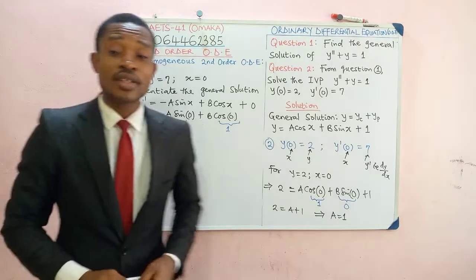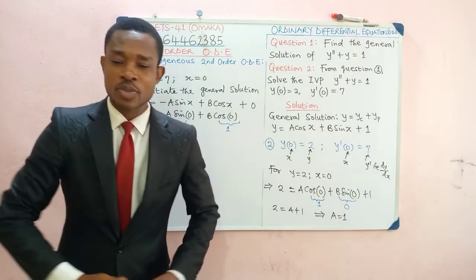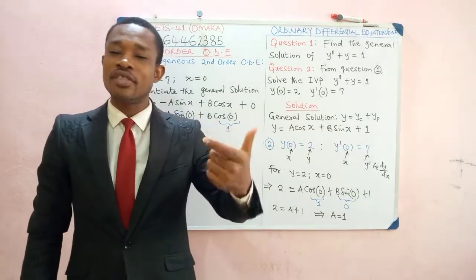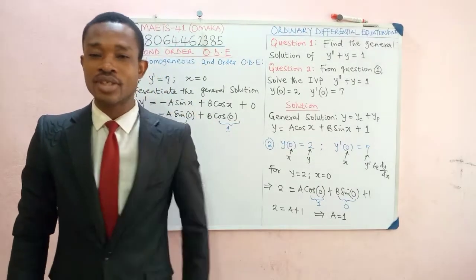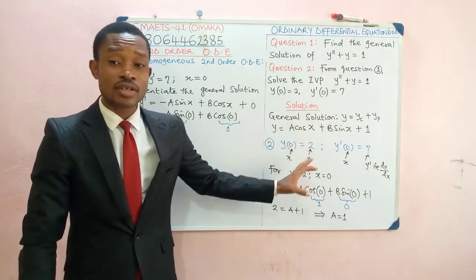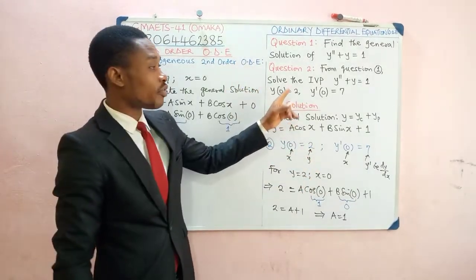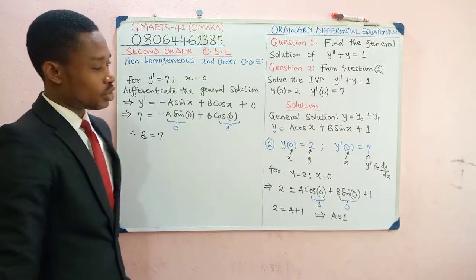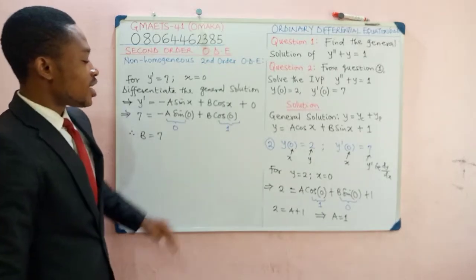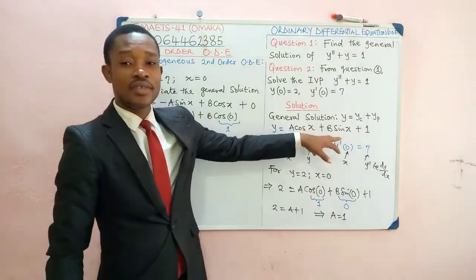So do you see that the IVP or BVP, as the case might be, simply helps us to get the value of the constants of integration. A and b here are the two constants of integration for this second order non-homogeneous differential equation that we're trying to solve. Now we've got the values of a and b, so we can substitute for them in the general solution.